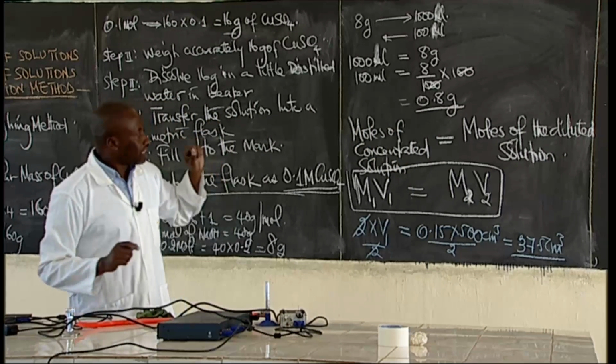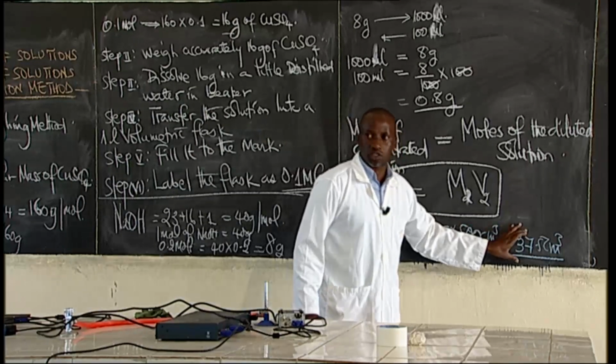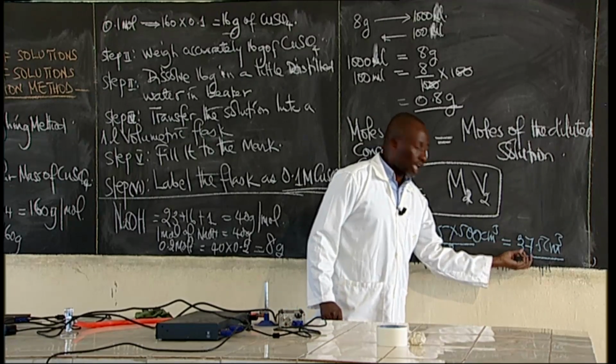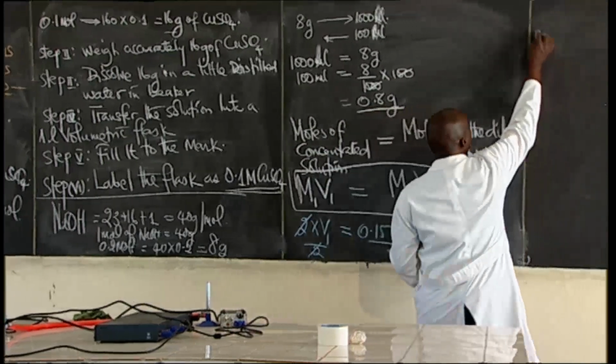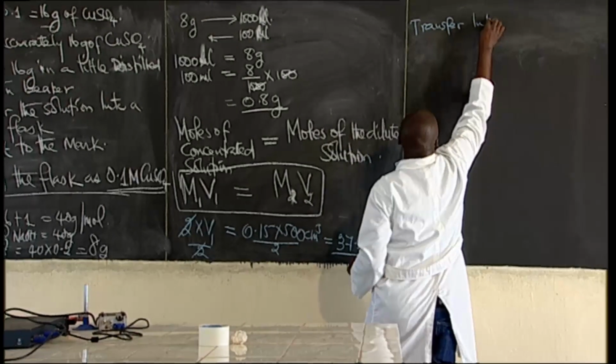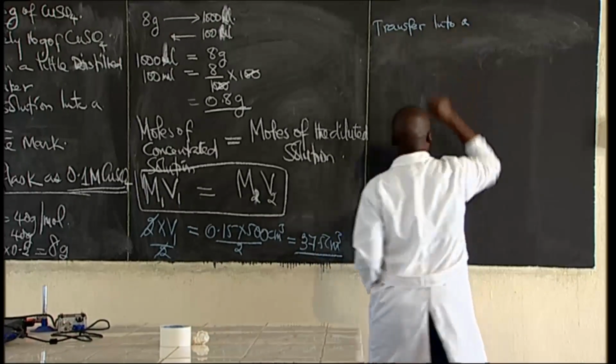Now, after getting the volume of the concentrated solution, measure this one. This was sulfuric acid. So the concentrated acid, measure this one. After measuring this, transfer it into a volumetric flask.